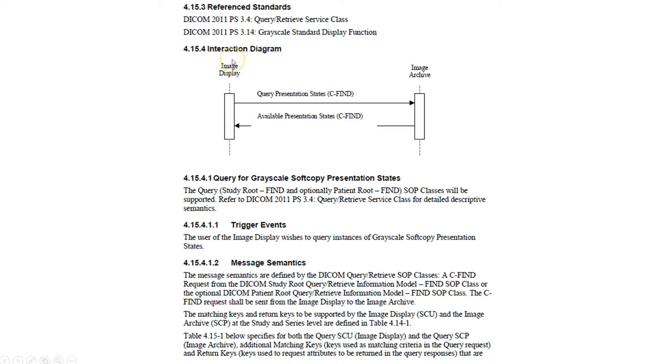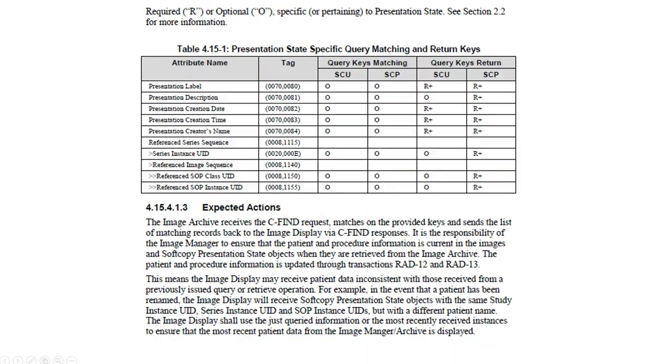And then you have the interaction diagram. When this happens, a C-find should go this way, and then a C-find should come back. You have the trigger events, and you have the message semantics, and finally you have the expected actions. Those are the 7 sections of a radiology transaction within the technical framework.